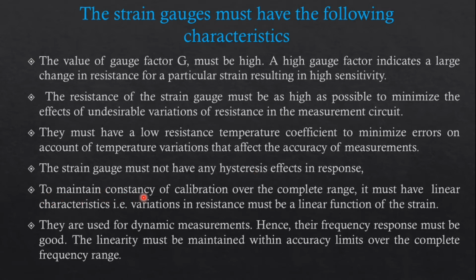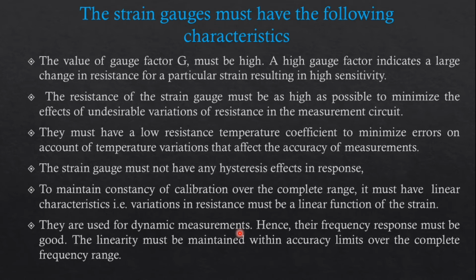To maintain the consistency of calibration over a complete range, it must have linear characteristics. We also know about the linearity of the instrument, that is, the variation in resistance must be a linear function of the strain. They are used for dynamic measurement.